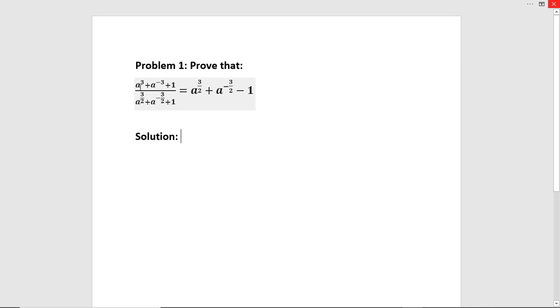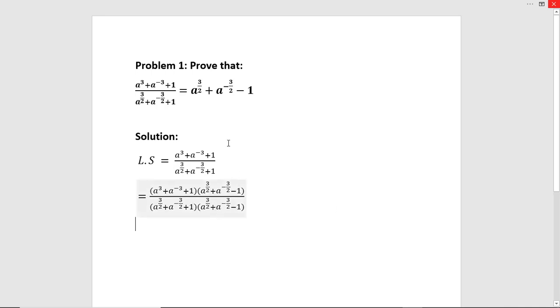So we will multiply the expression of the right hand side with both numerator and denominator, then we'll get an expression. So we start with left hand side, left side equal to what is given, and we have multiplied the expression of the right hand side with both numerator and denominator.